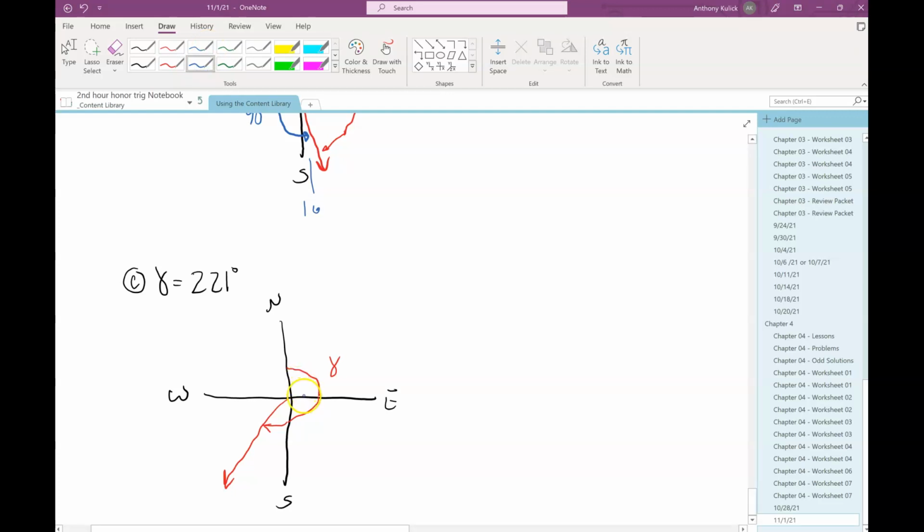Drawing our standard position angle, so 90, 180, and then it's a little bit more. So theta is going to be 90 plus this sliver. What does this sliver got to be? What do you guys think? 49, right?